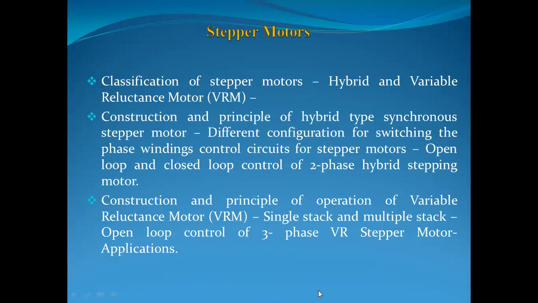Here, if you consider an open loop system, what happens? No speed is detected, and the speed is not given as feedback to the initial input of the system through the control circuit. Like that, we have open loop and also closed loop.